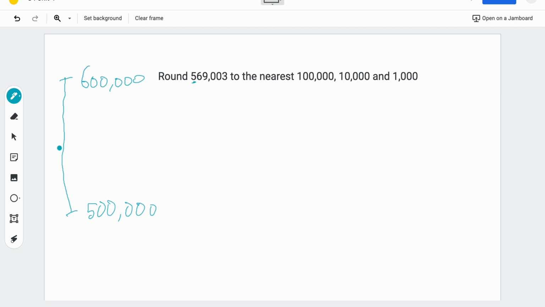Well, 550,000. And here I have 569, which is in this area here. So we're going to round up to 600,000. So this number rounded to the nearest 100,000 is going to be 600,000.